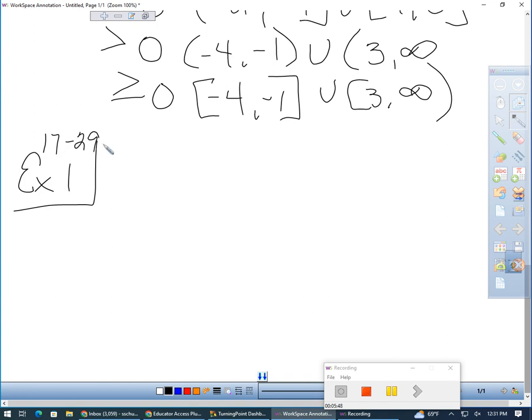All right, so let's do one out of here. So let's go with, how about, 4x squared minus 12x plus 7 is less than 0. All right, so I want everybody to grab their graphing calculator.